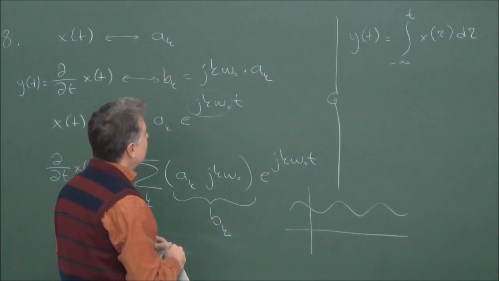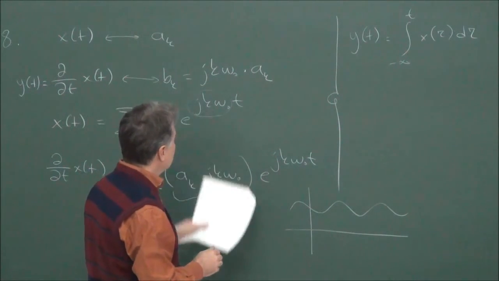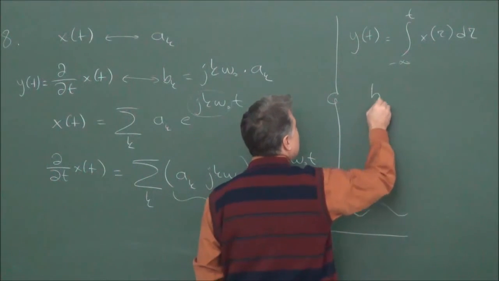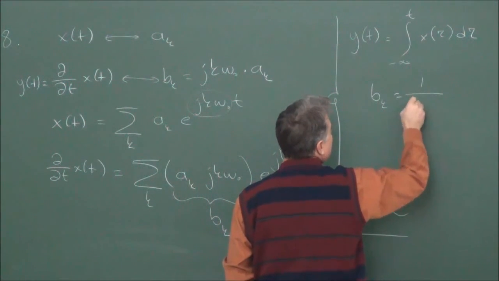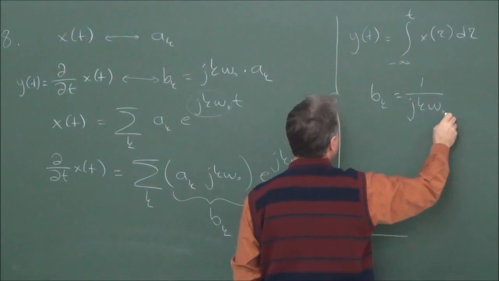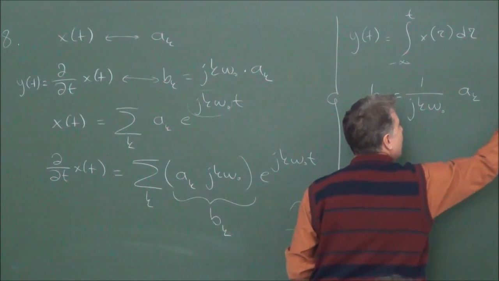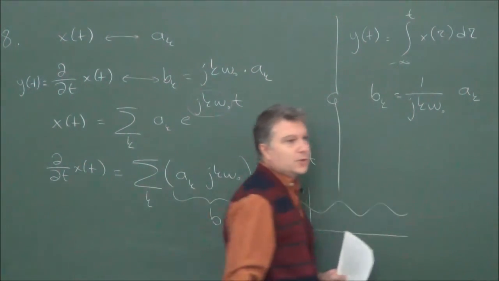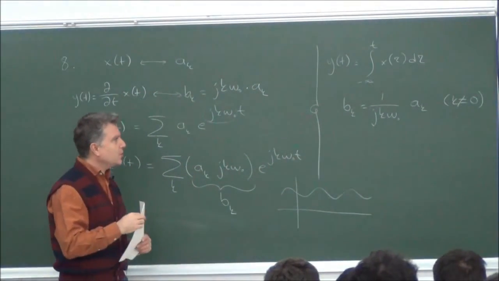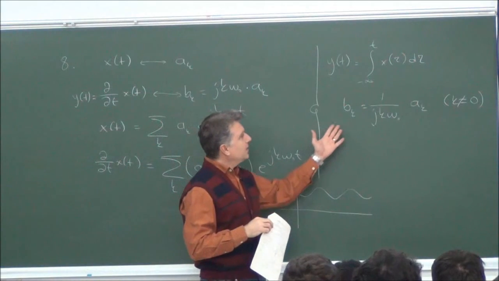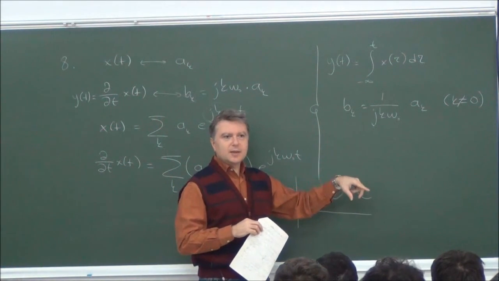Then we just need to invert this formulation using the same logic, and we say that bk is equal to 1 over jk omega 0 times ak, except of course k is not equal to 0, because k equal to 0 corresponds to the DC component, and we don't know that. That must be handled separately.